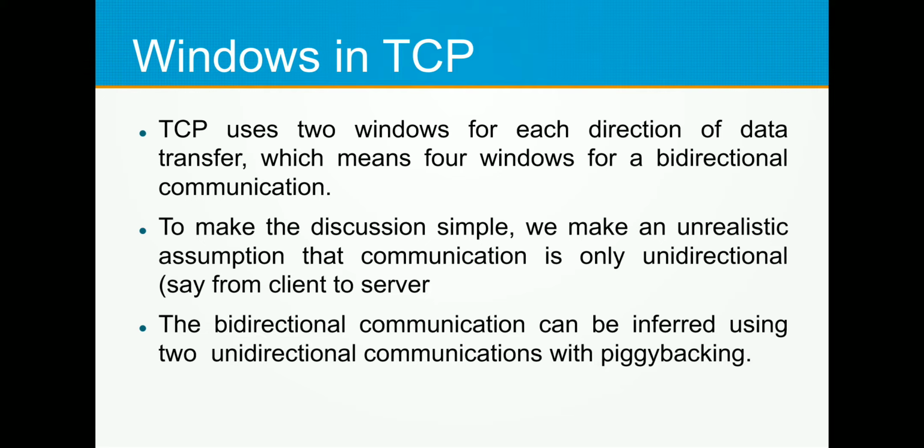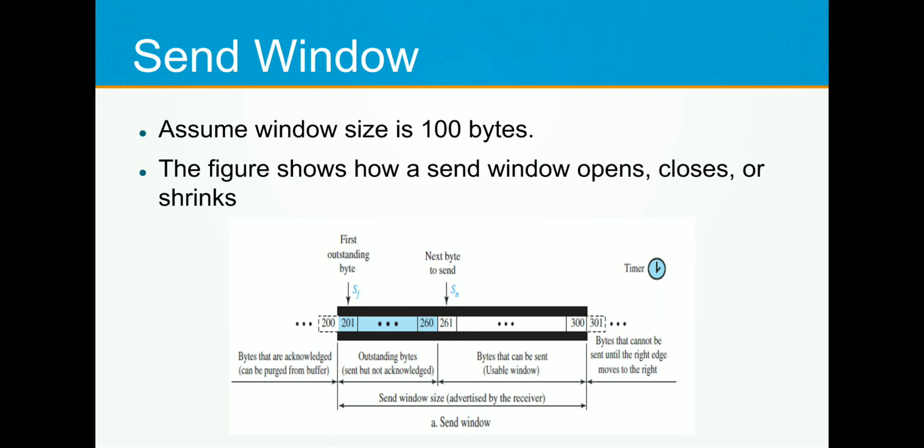Okay, so let's try to look at these two types of windows. If you look in the diagram, we have a send window which is a buffer. Okay, a temporary memory allocated, and let's assume that the size of this buffer is 100 bytes.